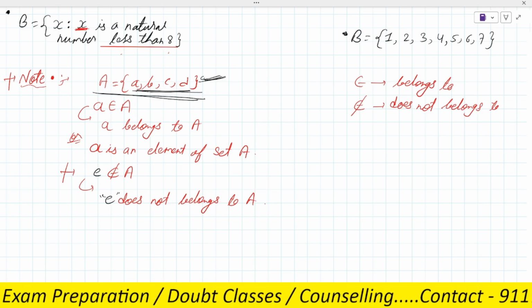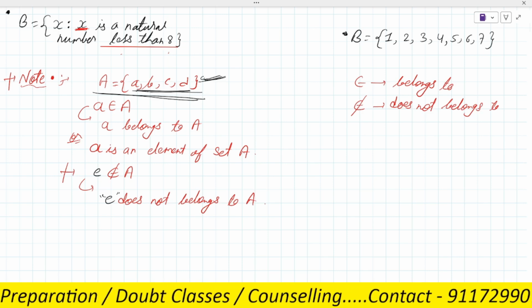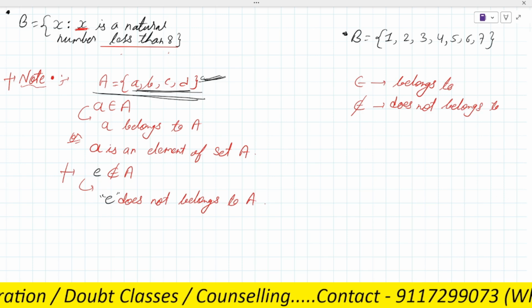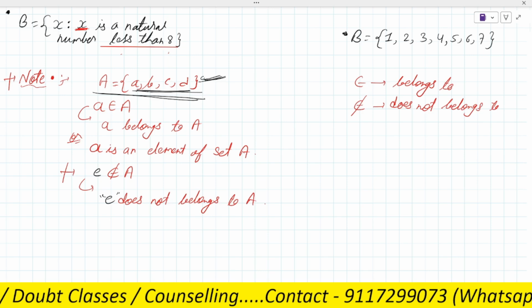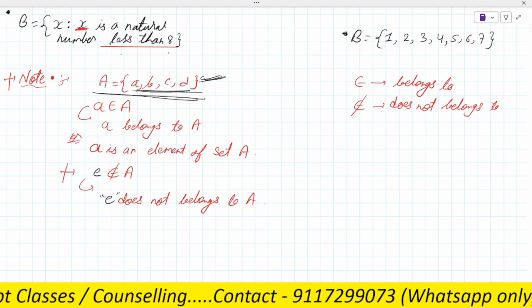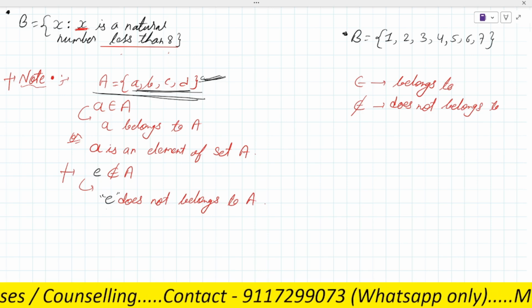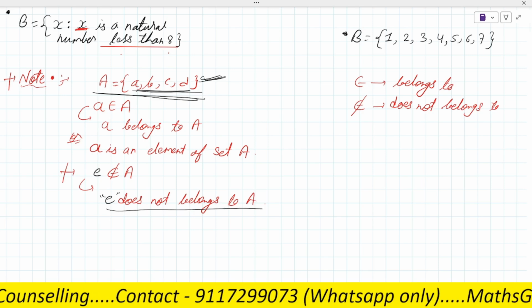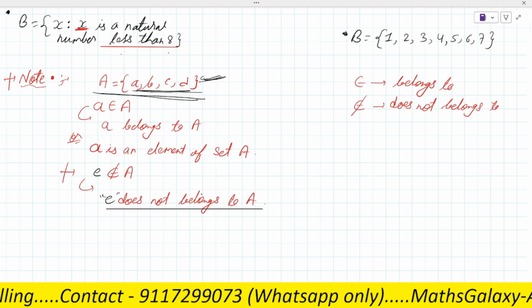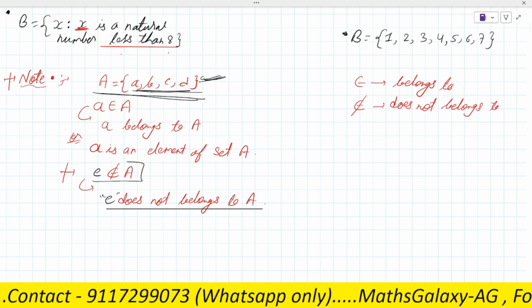Akshat, can you hear me? No, sir, I don't see. Yes, because here e is not the element of set A. So that's why I write e does not belong to set A. And this is the mathematical language.